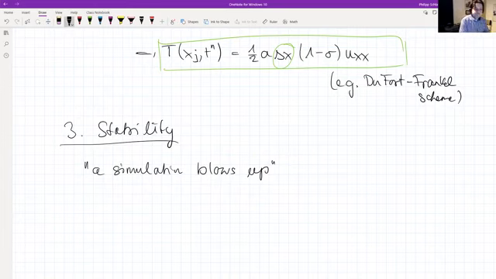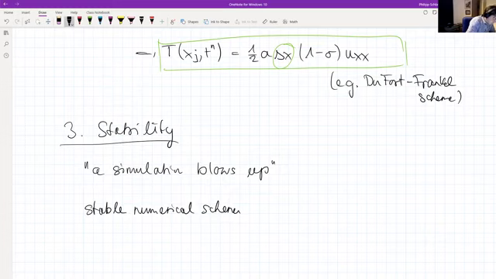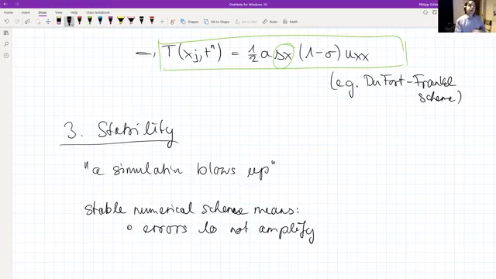But if we start from a more formal level, what we mean with stability, I guess the idea is that a stable numerical scheme means that errors do not amplify, do not amplify in the way that they start to dominate my solution.